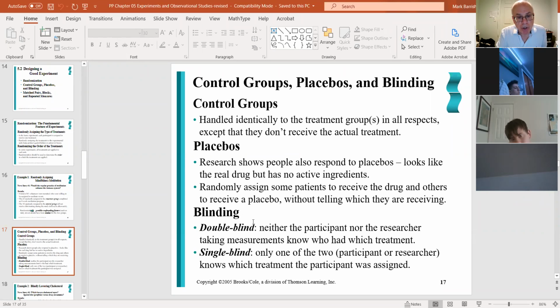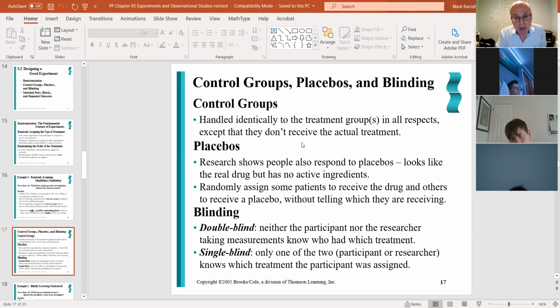A double-blind situation would be where the person administering the drug to the participants doesn't know either, because we don't want them to give away, through body language or something they say, what they're actually giving to the participant. So many times the person administering the medication doesn't know which one the participant is getting. That's called double blind.